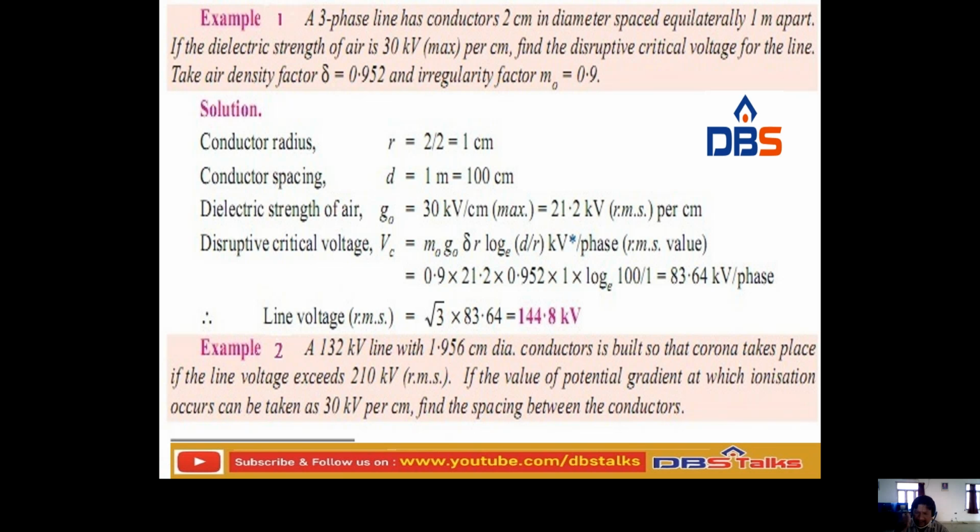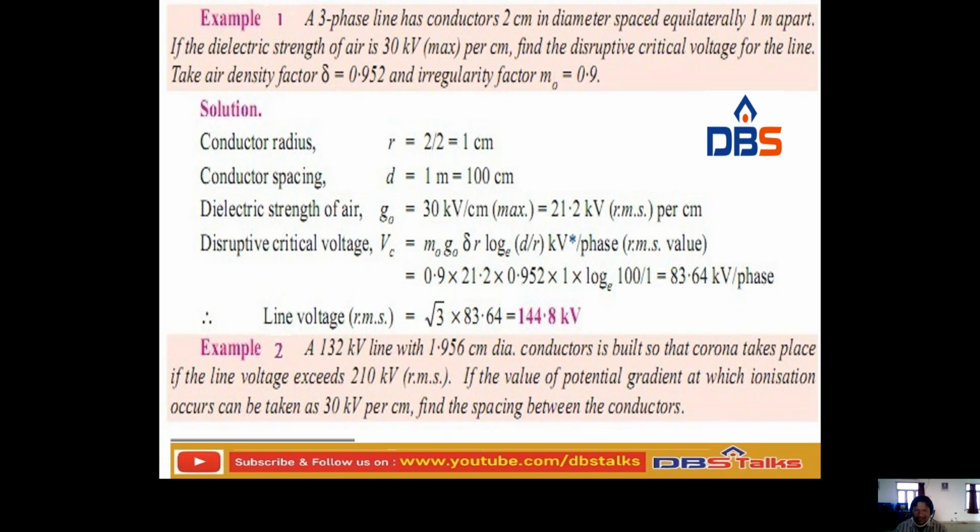You have to put all in centimeters, otherwise put all in meters. But since the dielectric strength is in centimeters, put all in centimeters. So D is equal to 1 meter, that is 100 centimeters. Dielectric strength of air g0 is 30 kV per centimeter, given directly, and we have to take the RMS value 21.2 kV RMS.